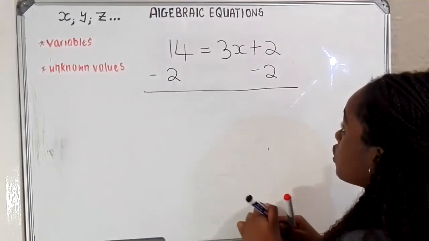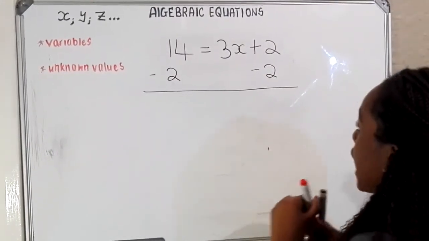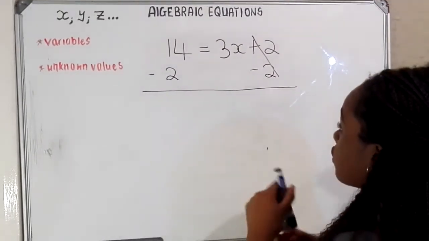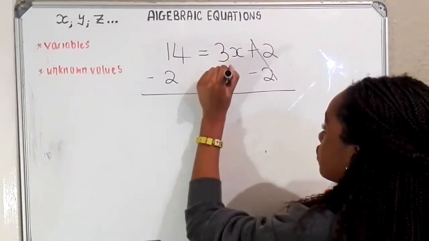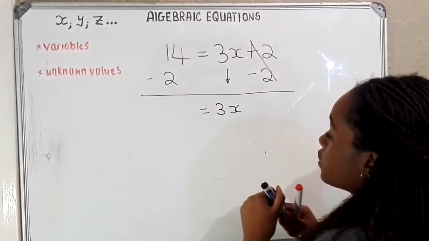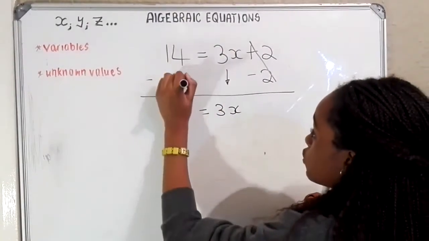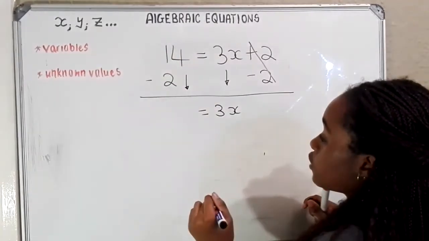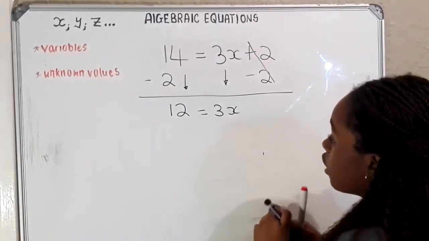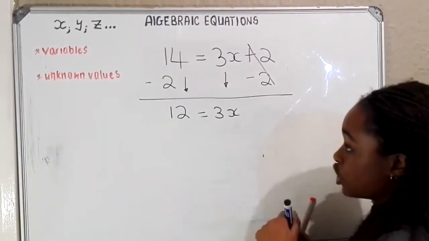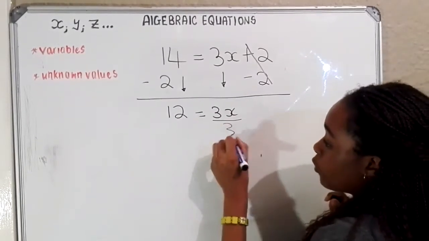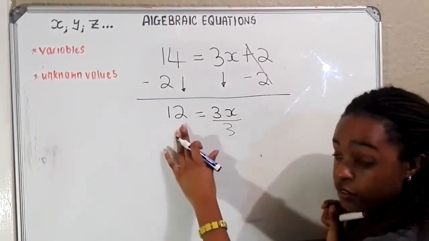So 2 minus 2 cancel each other, okay? And 3x will come down, and you're left with 3x on this side. And 14 minus 2, this will also come down. So 14 minus 2 gives you an answer of 12. The inverse operation of multiplication is division, and we write division in fraction form. We divide by 3. Whatever you do on this side, you must do on this side as well.